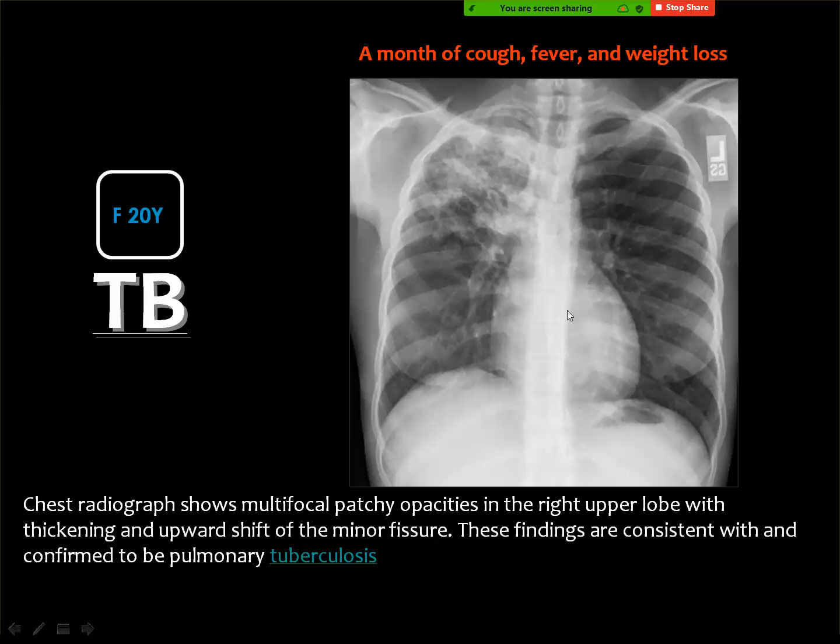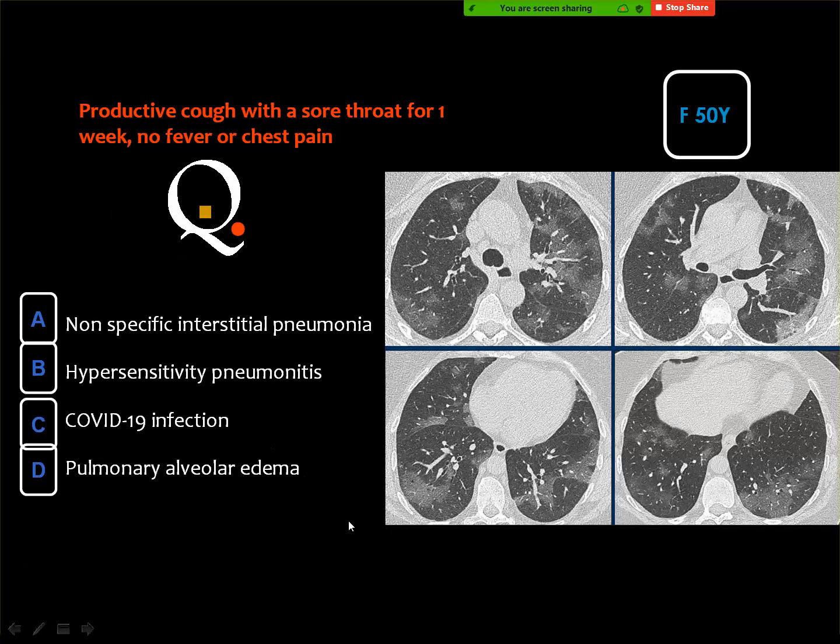Then an appearance like this is a stimulus for the diagnosis of TB whenever you see an infiltration in one or both of the upper lobes, especially if you can see cavities and also if you see some calcium.